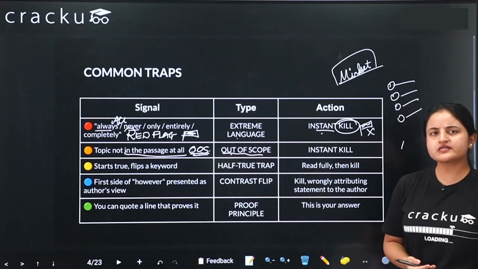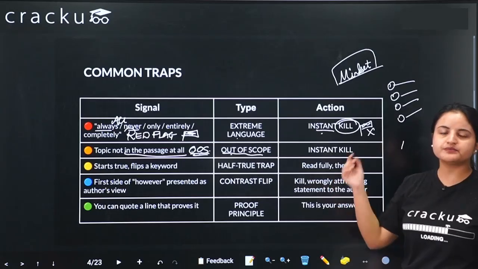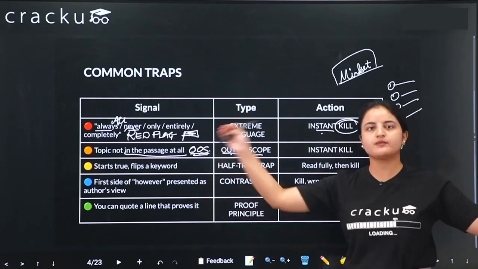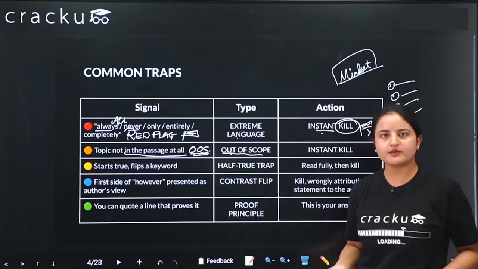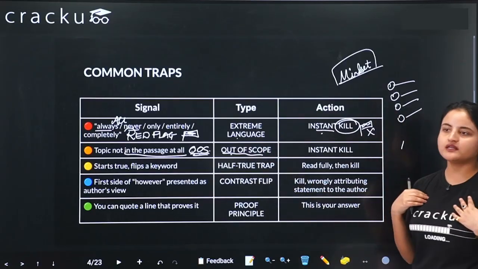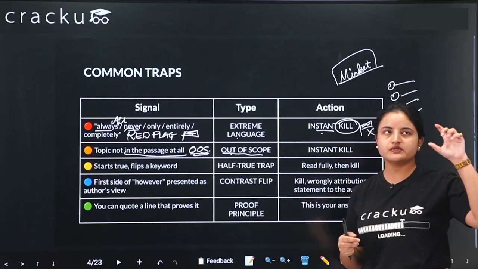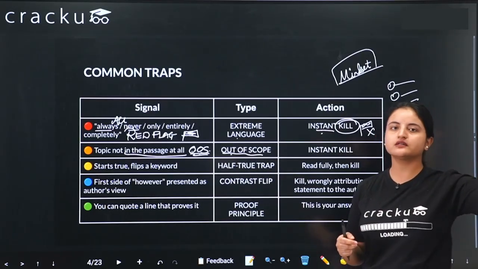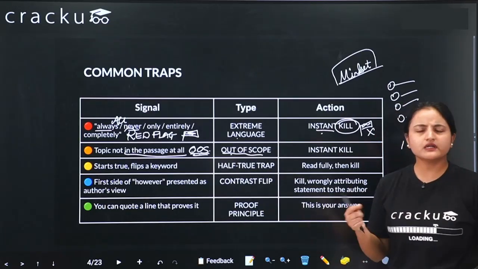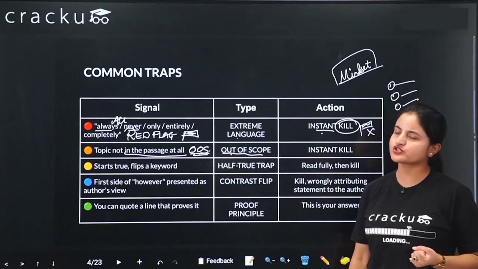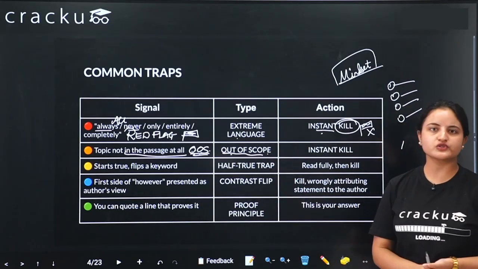How do you know if it's out of scope? That specific thing would not be discussed in the passage at all. It might be something related. Suppose I'm writing a passage on neuroscience and I talk about the brain, but the frontal cortex of the brain is not even discussed in the passage and I'm making claims about it in an option, it clearly becomes out of scope.